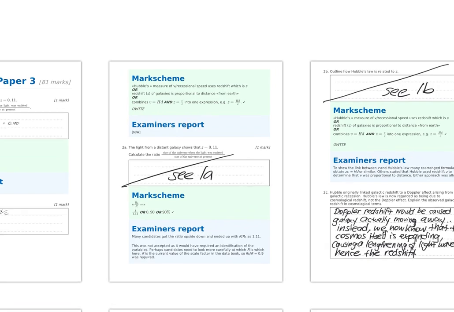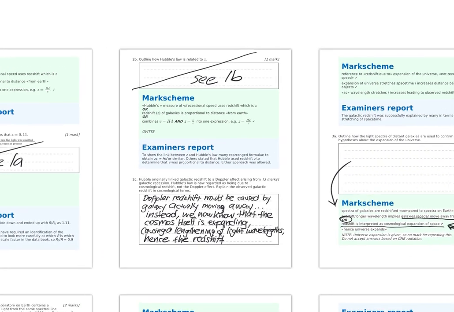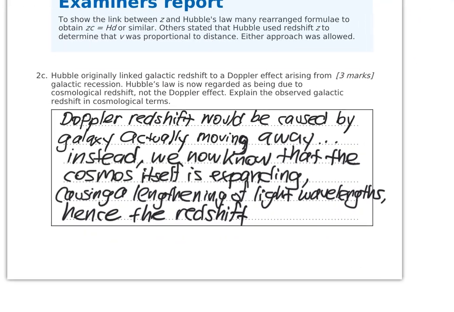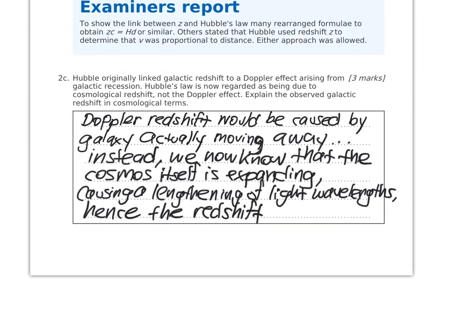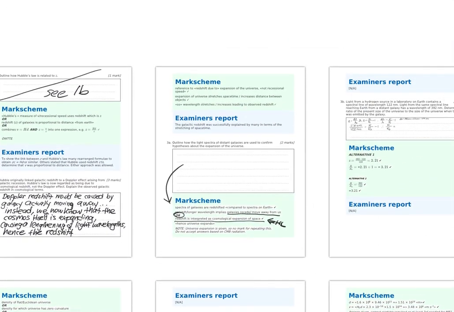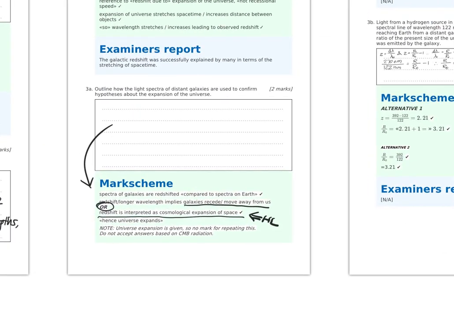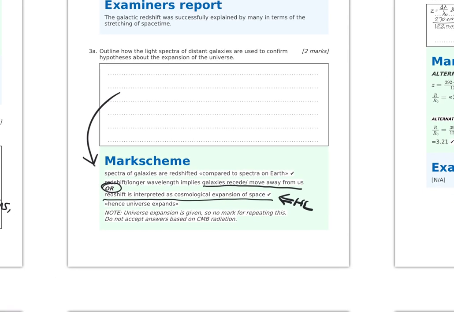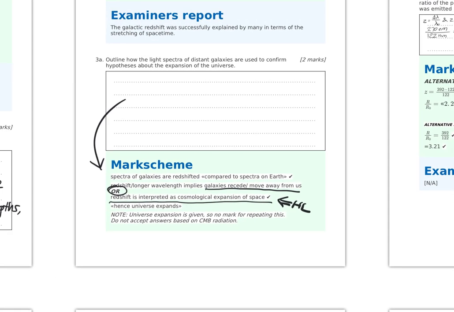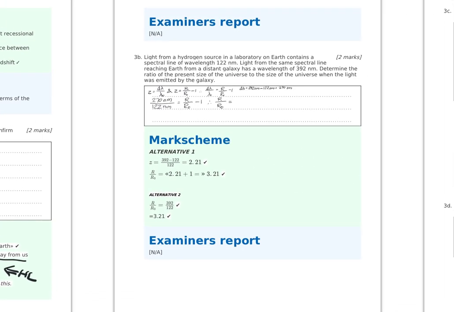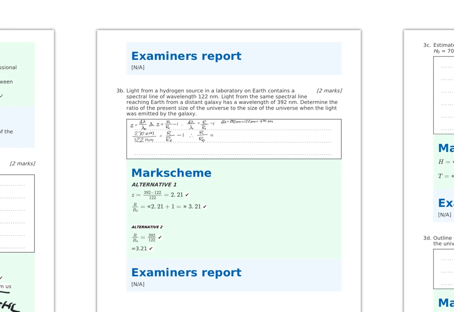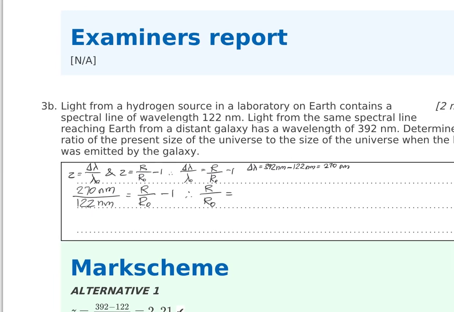And then 2A and 2B are repeats, but then we have 2C here about cosmological redshift. And then 3A, the mark scheme pretty much explains 3A. It does a pretty good job of that, so I'll let it speak for itself. Then 3B is what we were currently working on. And now our picture frame is working and we can get back to business.